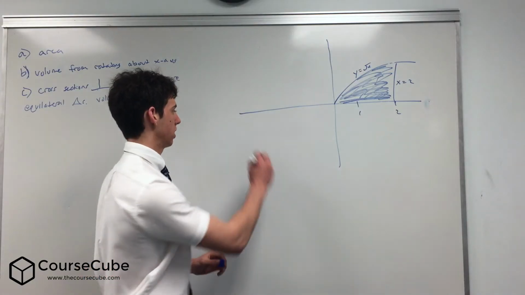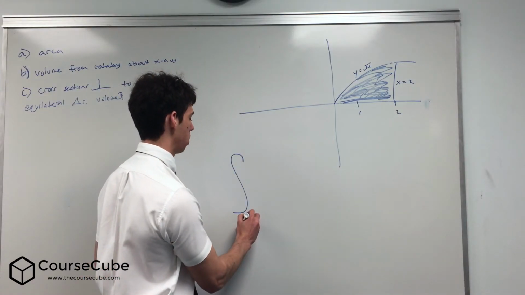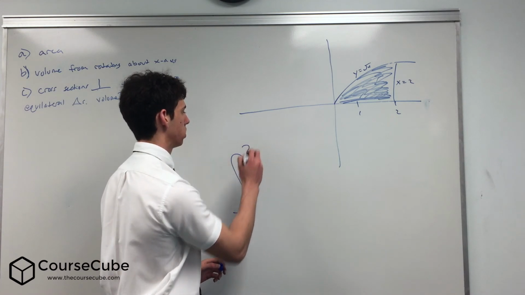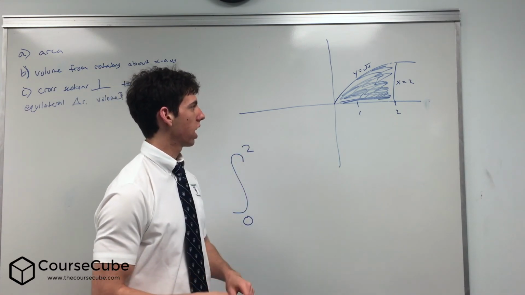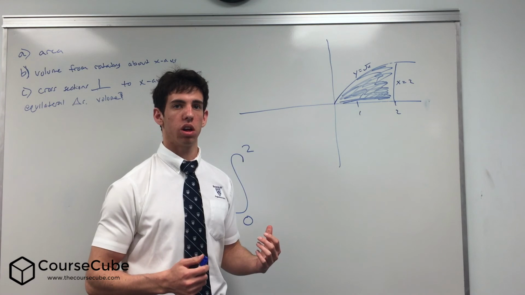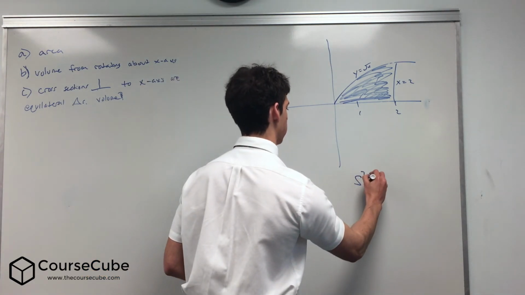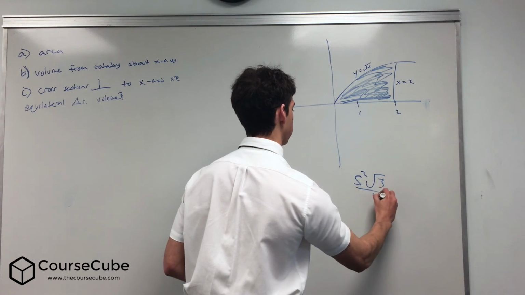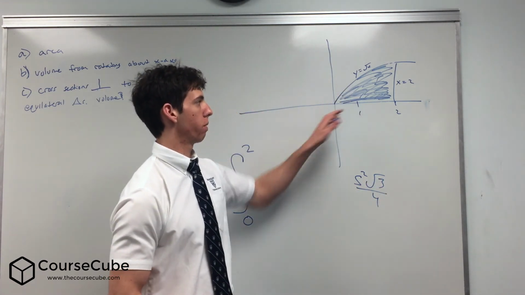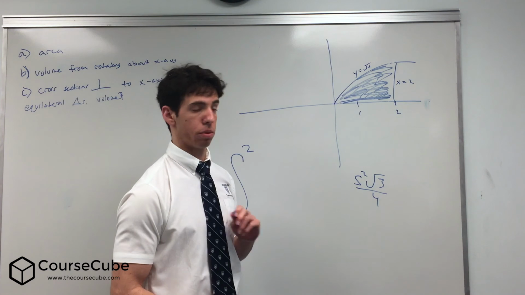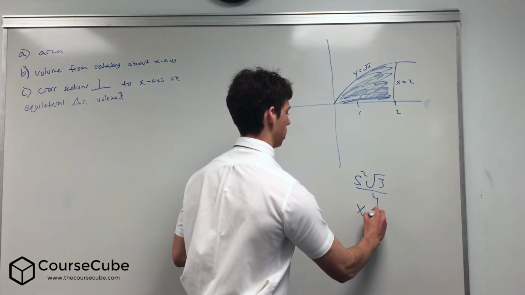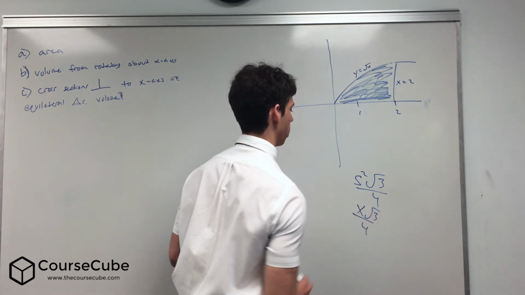So let's write this as an integral. We're taking the integral from 0 to 2. The formula for the area of an equilateral triangle is s squared root 3 over 4. Our side length is our top curve minus bottom curve, so our side length is going to be root x, so it's x root 3 over 4 is our area of the triangle.